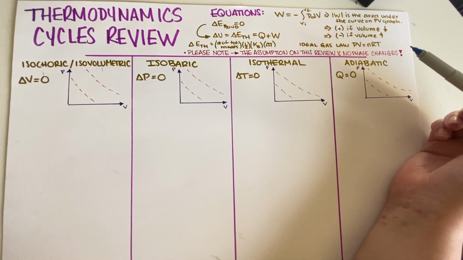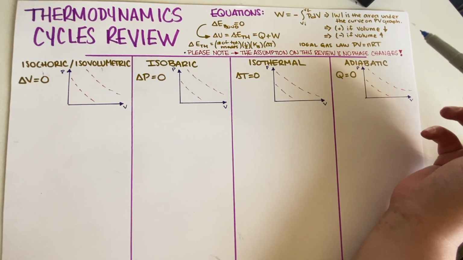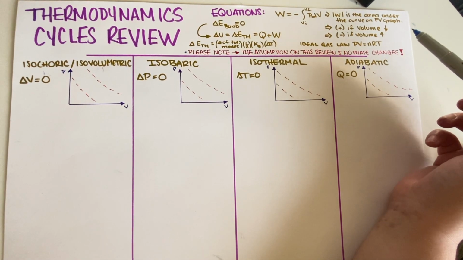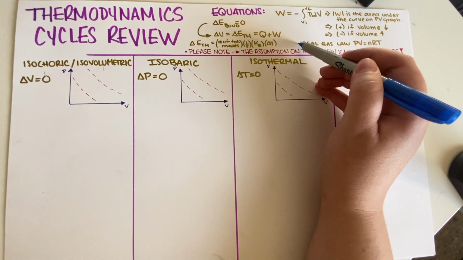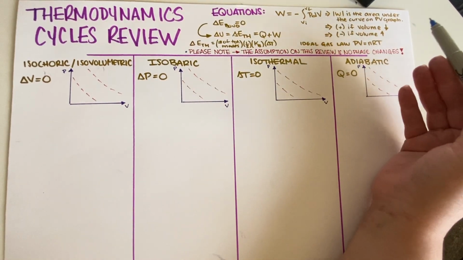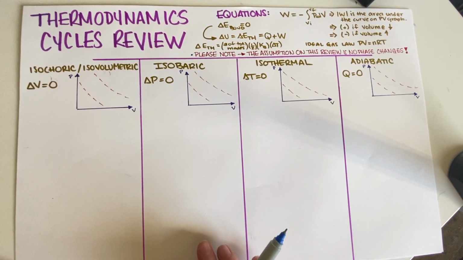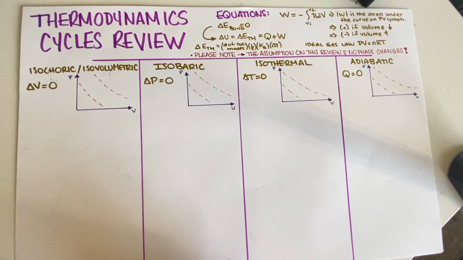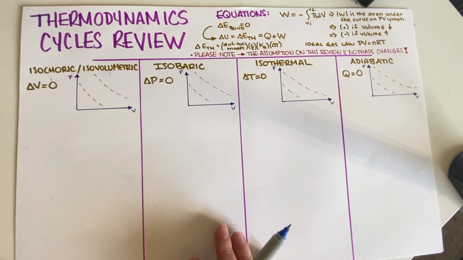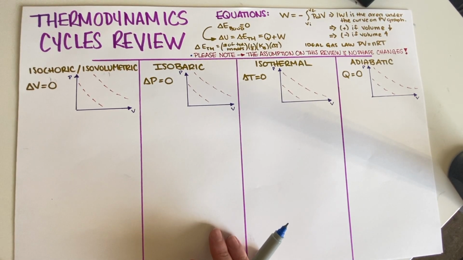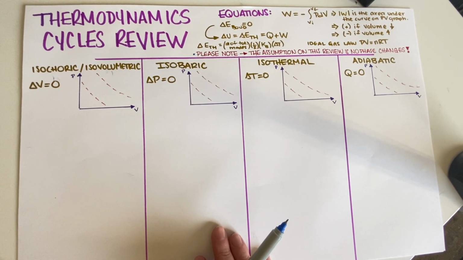That is just because it simplifies things, and it also makes it so that we can actually use the ideal gas law. So for the purposes of 7A, when it comes to thermodynamics, we're not going to have a phase change in these processes and cycles.